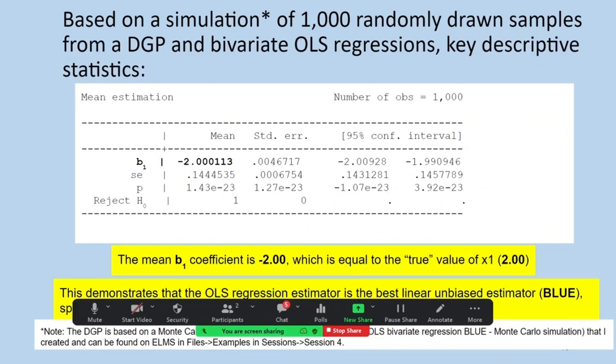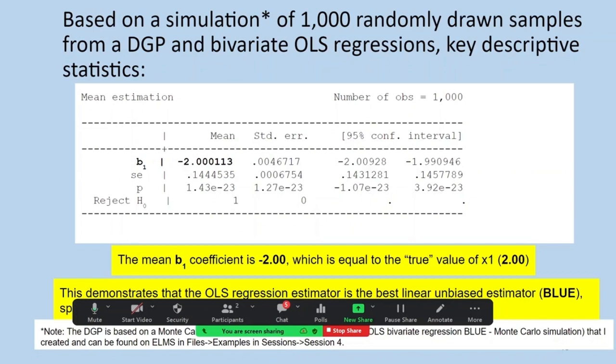Now, I did this. I ran the same regression, y on x1, but I simulated a data set where we would randomly draw samples 1,000 times, okay? Notice how it increases to almost the true value. Again, the purists would say, well, it's a little over, right? But it's much closer than the previous estimate, right?